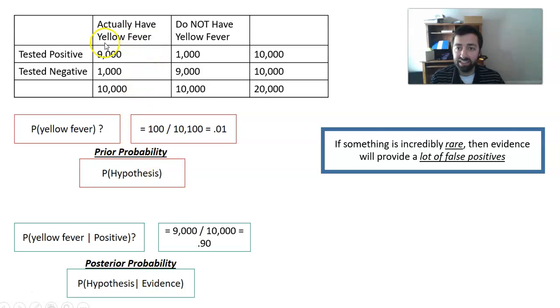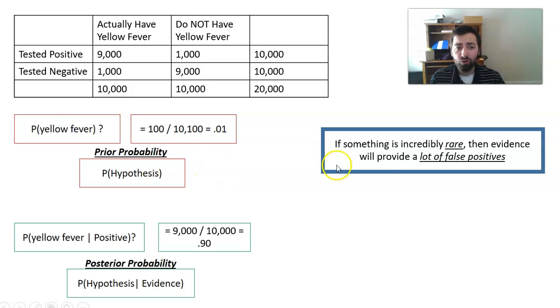Again, the test isn't any worse or better than it was before. The test is exactly as good as it was before. The only thing I've changed is how common it is to have yellow fever. And this commonality is actually the prior probability. The prior probability is telling us how rare the thing is to start with.